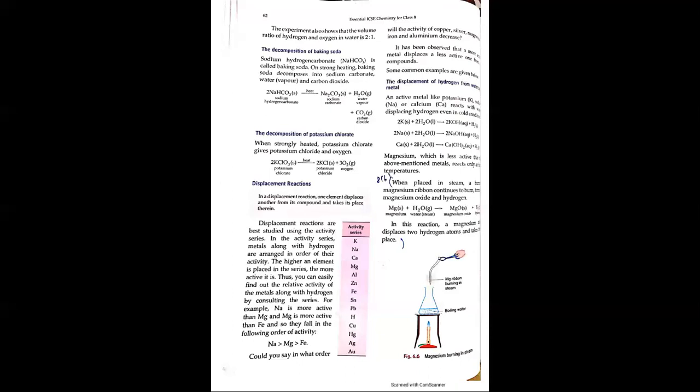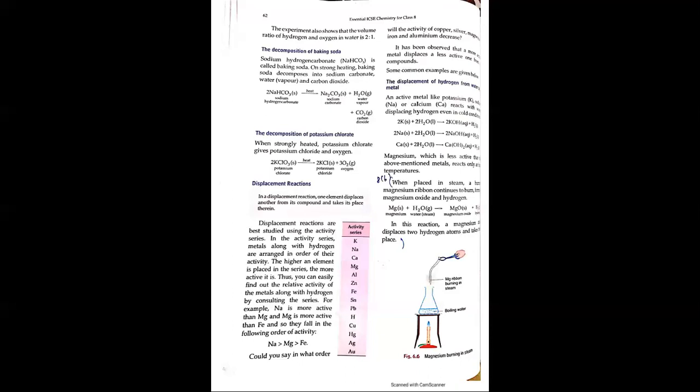So it has been observed, and you should remember, that an active metal will always displace a less active one from its compound. An active metal like sodium, potassium, calcium, when they react with water, forms hydrogen gas and, for example, potassium hydroxide. Magnesium, which is less active than the above, only reacts at high temperature.